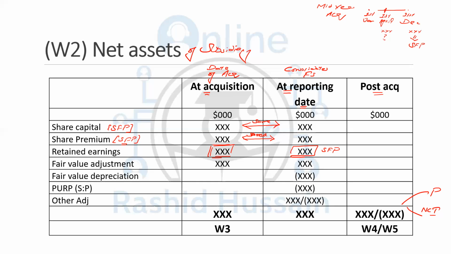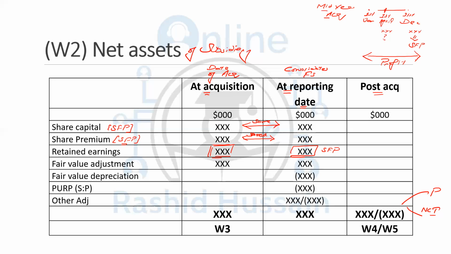There are two ways. First of all, whenever there is a mid-year acquisition case, the examiner is going to give you the profit of the subsidiary for the complete year. The whole year profit will be given in the exam.